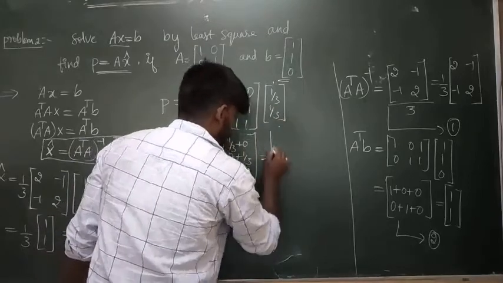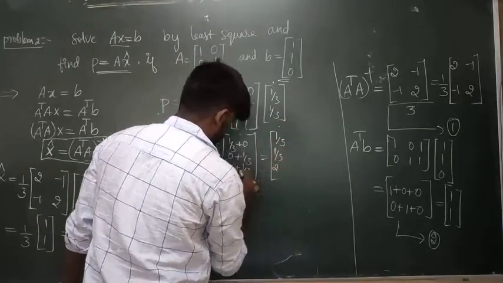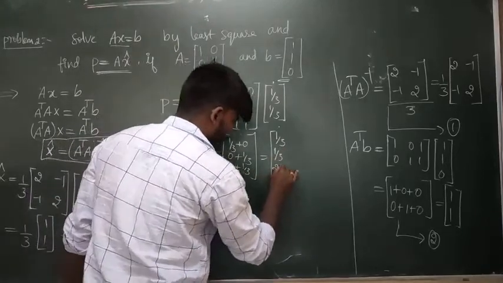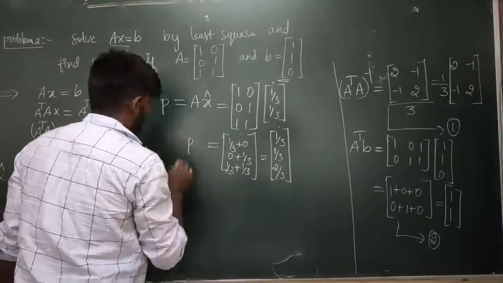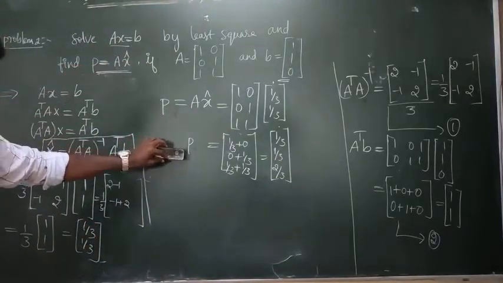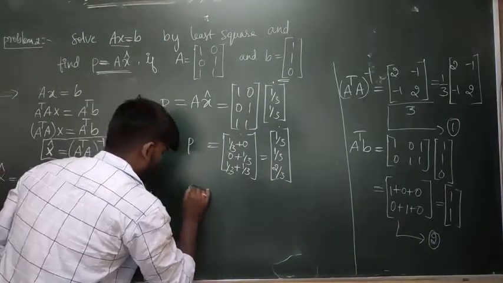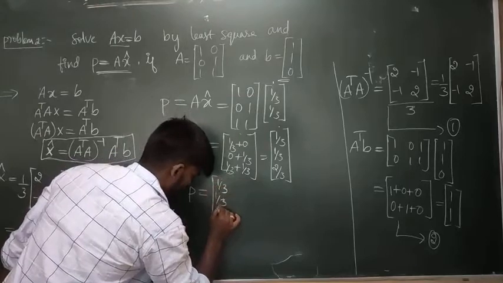Therefore, the matrix becomes 1/3, 1/3, and 1/3 plus 1/3 gives 2/3. This is the required p. Therefore, we find p = [1/3; 1/3; 2/3].